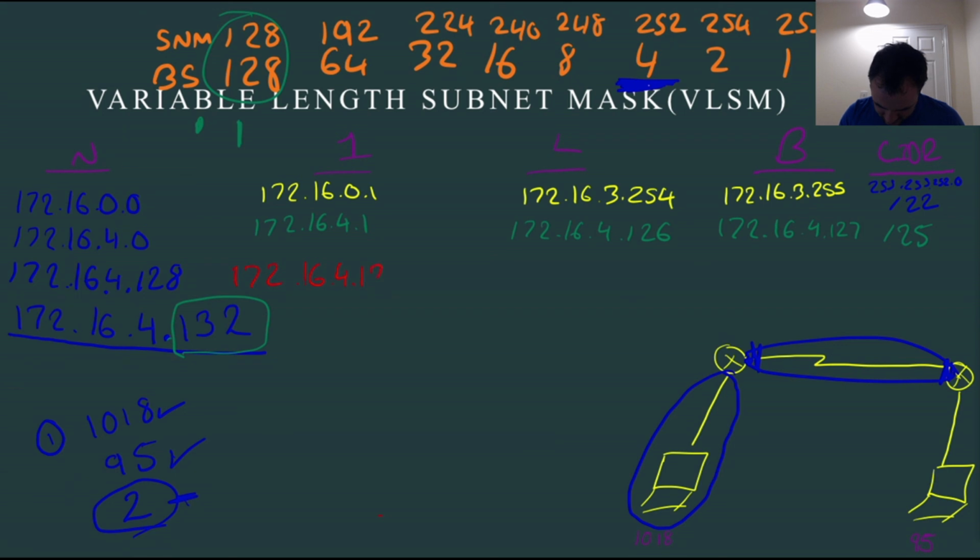Yeah, 129. It's quite easy to get lost when you've done so many numbers. We'll do broadcast 172.16.4.131. It's just counting, isn't it? 172.16.4.130. So that's a /30 or 252 subnet mask within that Class C.